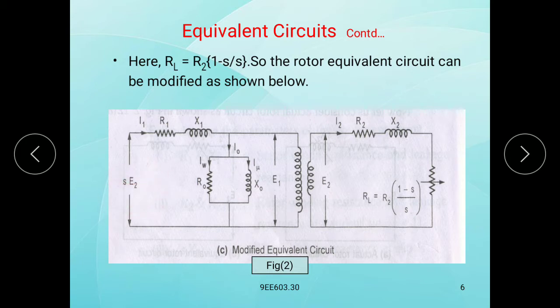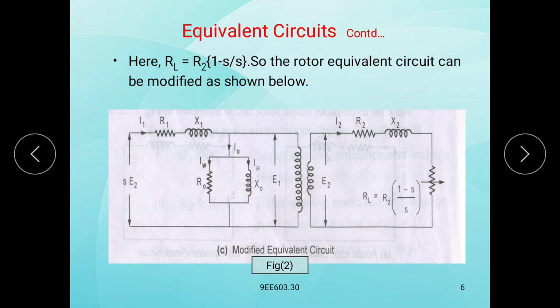Here the supply voltage, the current I1, R1, X1, R0, X0, I mu, IW, I0.